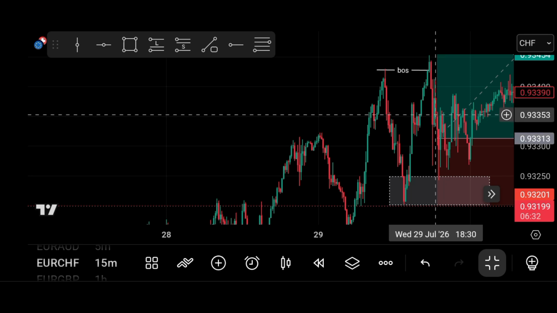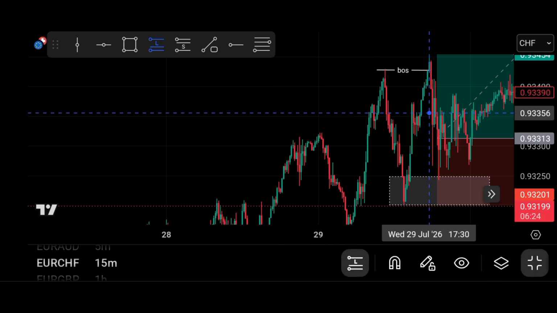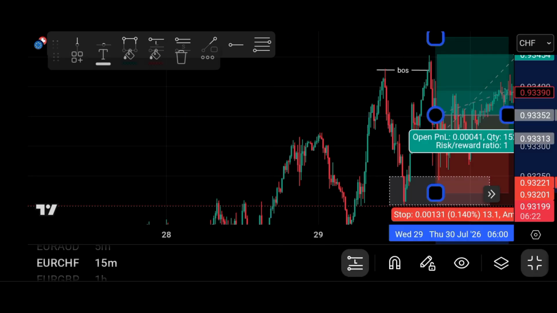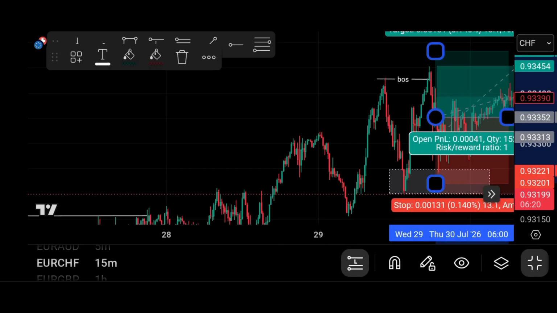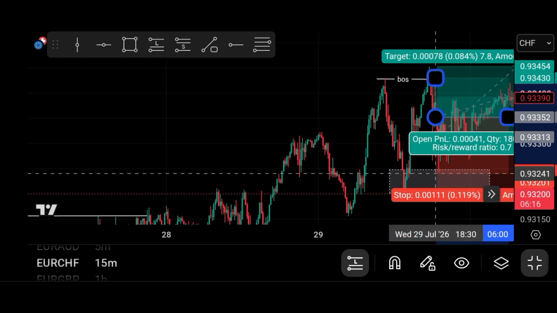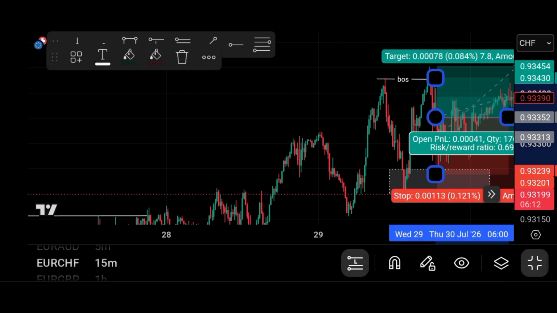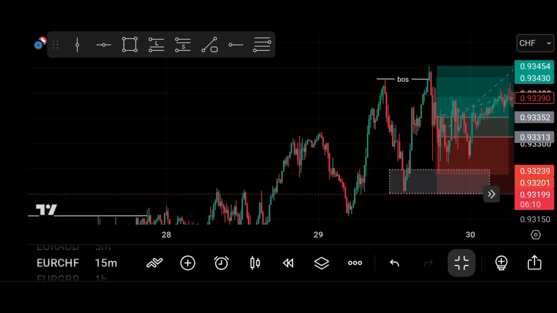I think after seeing the close of candle confirmation, I wanted to see more, because if I had entered from here, the risk to reward ratio would have been a bit on the negative side. You'd see my risk to reward ratio wouldn't have made sense.